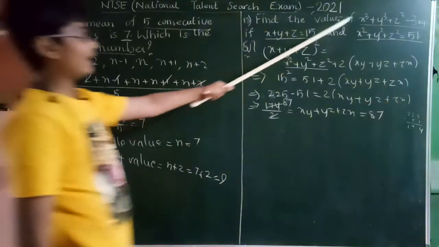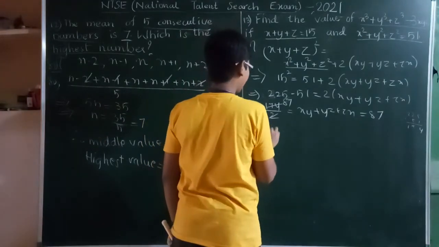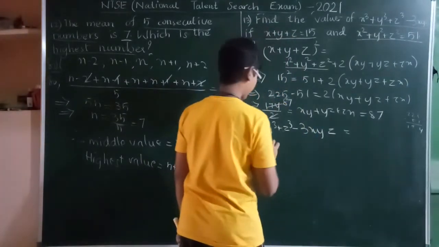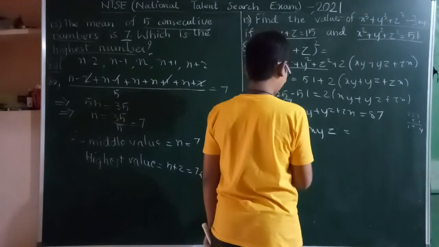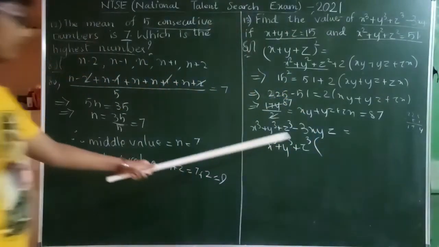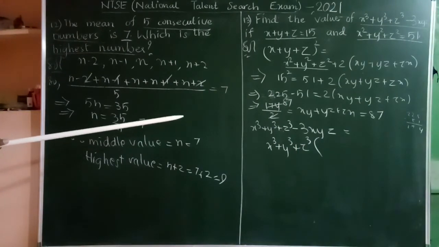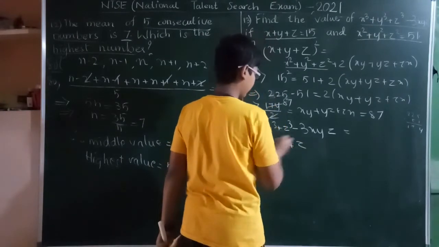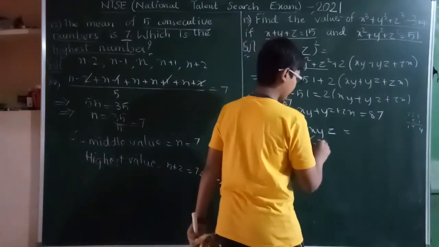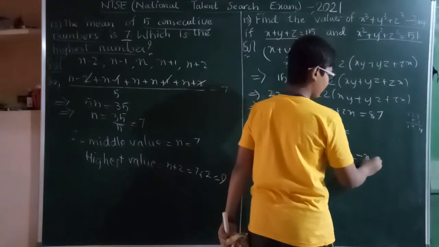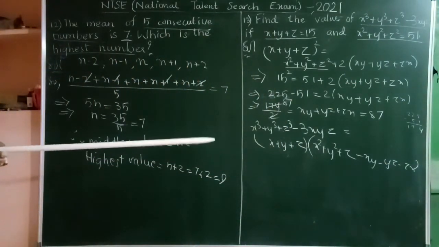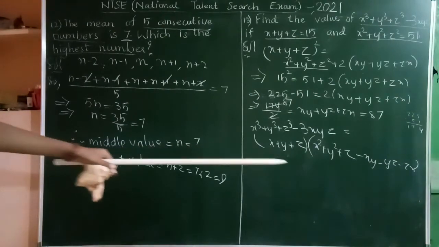Then we have x cube plus y cube plus z cube minus 3xyz, which is equal to x plus y plus z of x square plus y square plus z square minus xy minus yz minus zx.